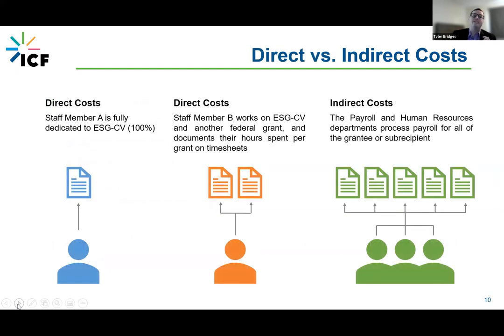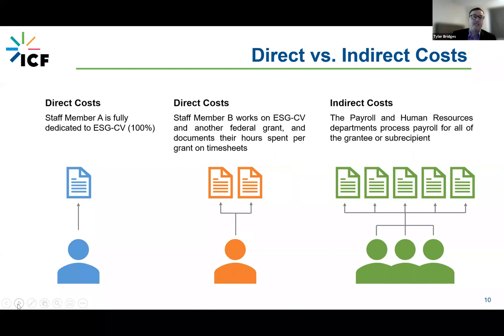The following illustrates an example of differentiating direct costs from indirect costs. So starting from left to right, if staff member A is fully dedicated to the ESG-CV award, then 100% of their salary and fringe benefits, such as healthcare, et cetera, are allocable to the ESG-CV award.